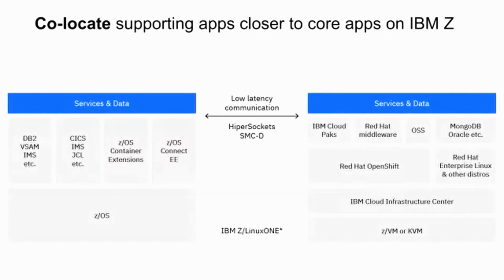So I mentioned co-locate. So co-locate supporting apps closer to the core apps on Z. So this is really looking at the Z container capabilities on IBM Z Linux. So you've got the ability to co-locate applications on Z Linux on the same physical hardware as z/OS.